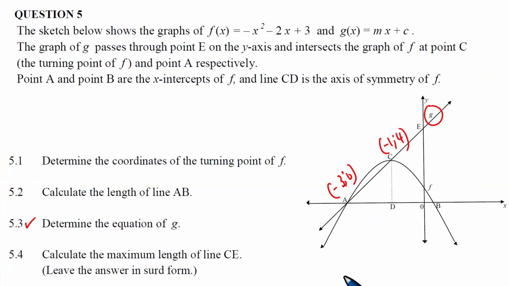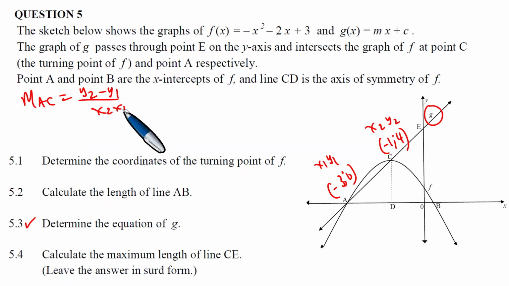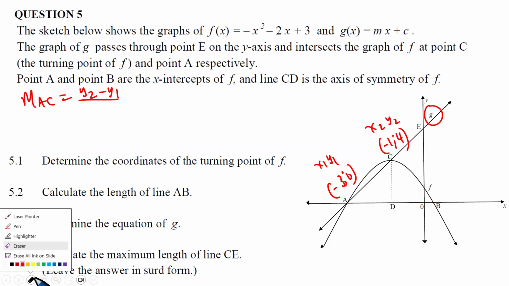what we are going to do is find the slope, using x1, y1, x2, y2. So the slope is y2 minus y1 over x2 minus x1.